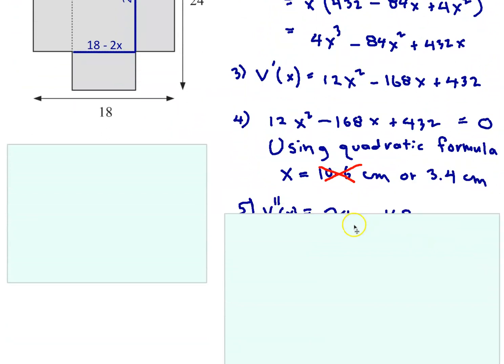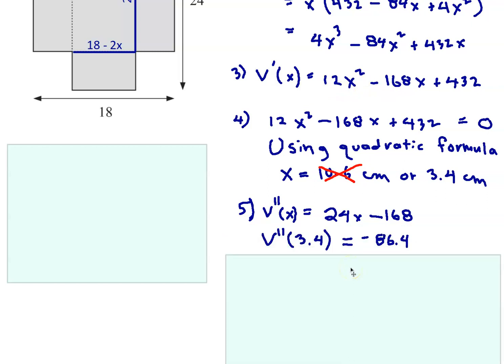Okay, the next step is to use the second derivative test to find out if this is a max or a min. The second derivative is just 24x take 168. Sub in 3.4, and the second derivative is negative 86.4.